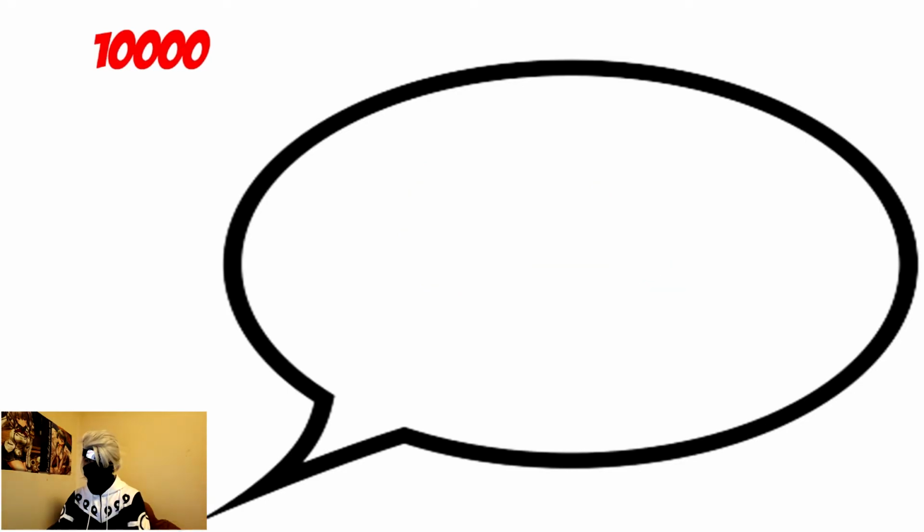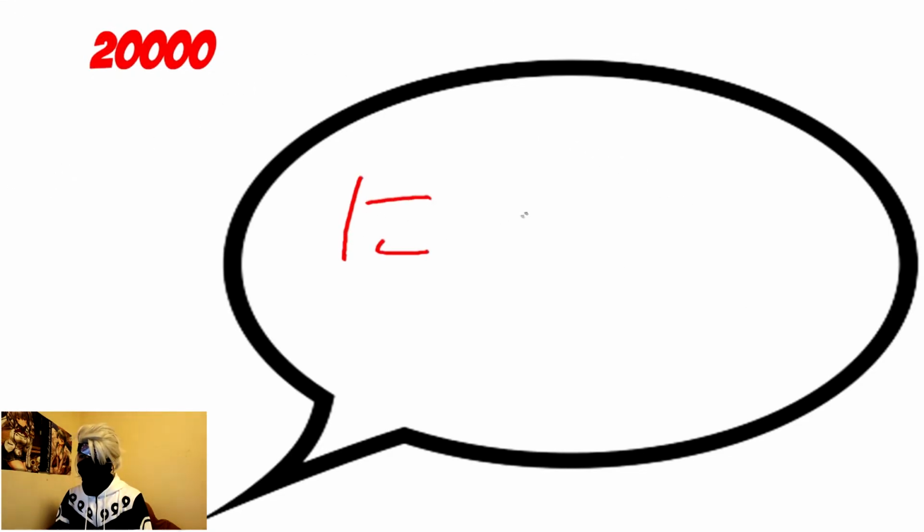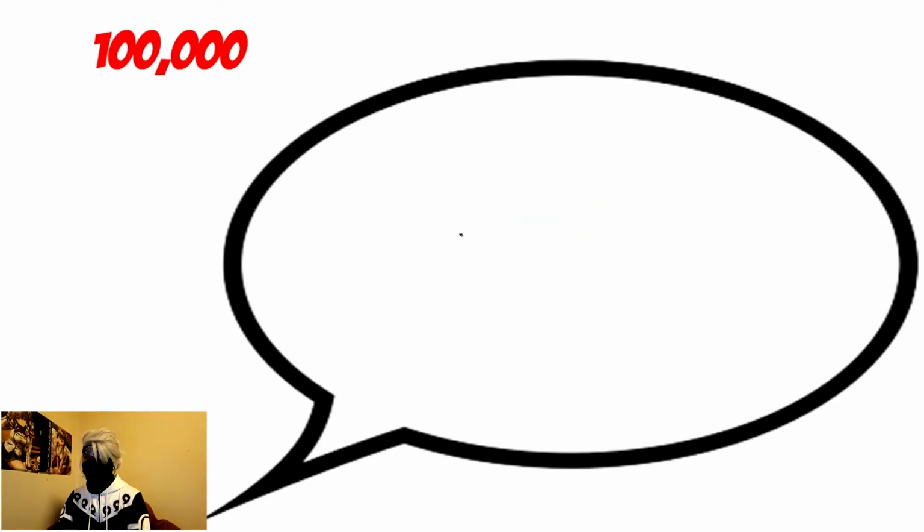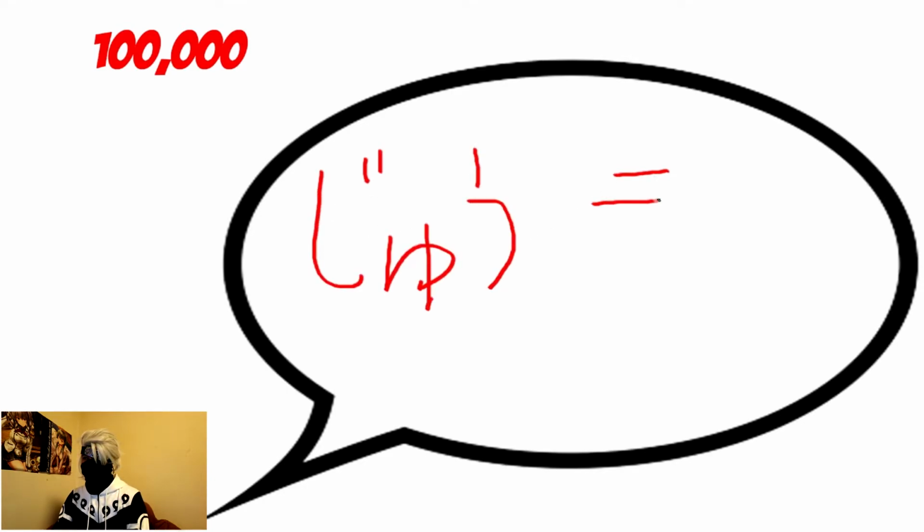Okay, how about 10,000? How you say that is ichiman. So what if 2? Niman. Okay, so simple. That's ni, man. 100,000 in Japanese. That's ju man. Okay, 40, that's 1, 2, 3, 4.